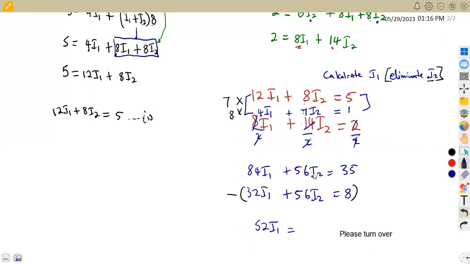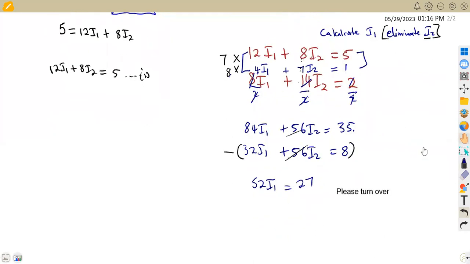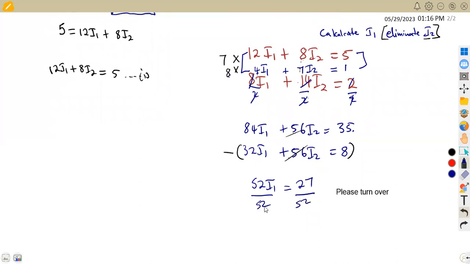Because we have eliminated I2, these two cancel, so we are going to have 35 minus 8, which is 27. Remember what you're supposed to calculate here is I1, so you divide by 52 both sides. That means we've got our I1.